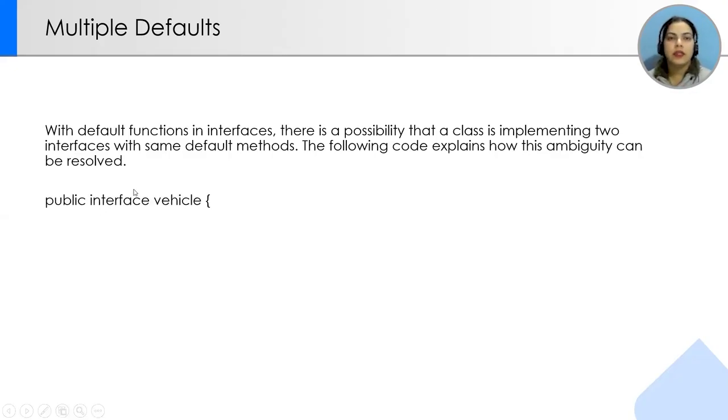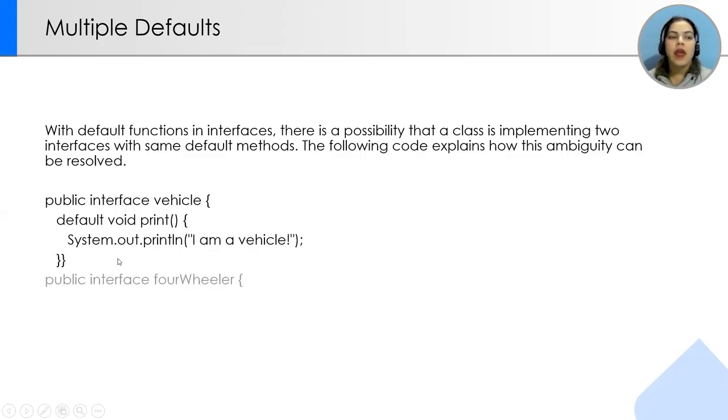There is an interface named Vehicle, and in this interface we have a default method void print, whose definition is "I am a vehicle". Again, we have a second interface named FourWheeler. Because both interfaces are public, any user can extend or implement these interfaces.